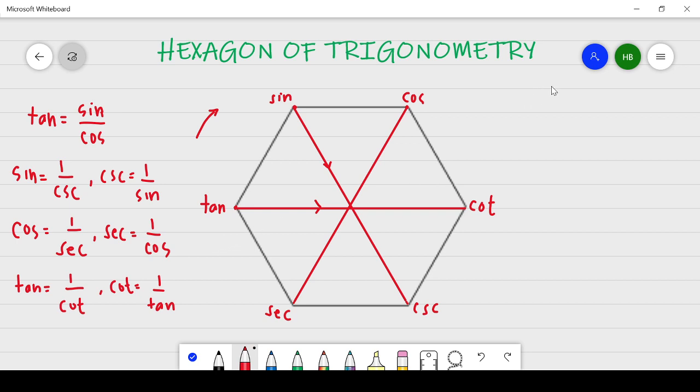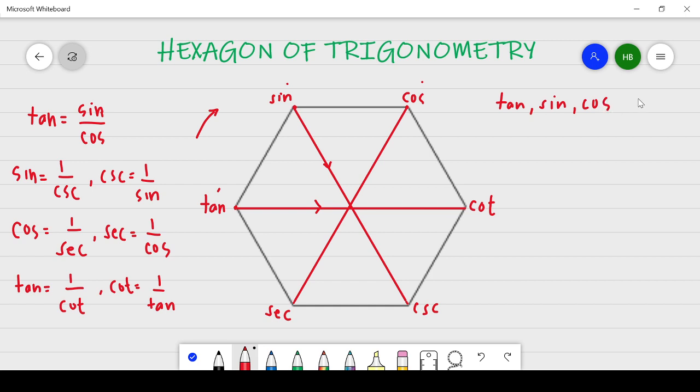Our next trick will be, we're going to pick 3 consecutive functions. Let's start with tangent. Of course, the consecutive functions next are the sine and cosine. So, pick 3 consecutive functions out of the drawing, and our first pick is the tangent, sine, and the cosine function.